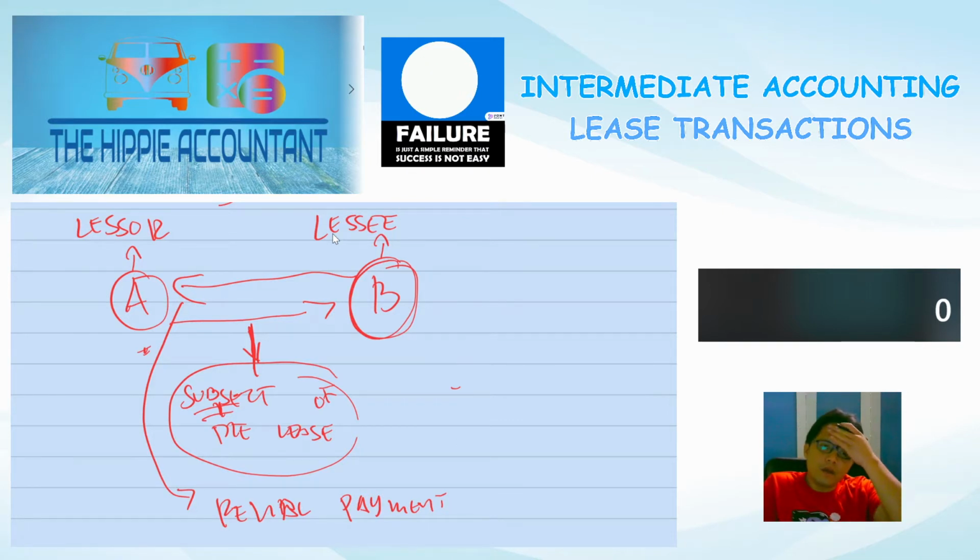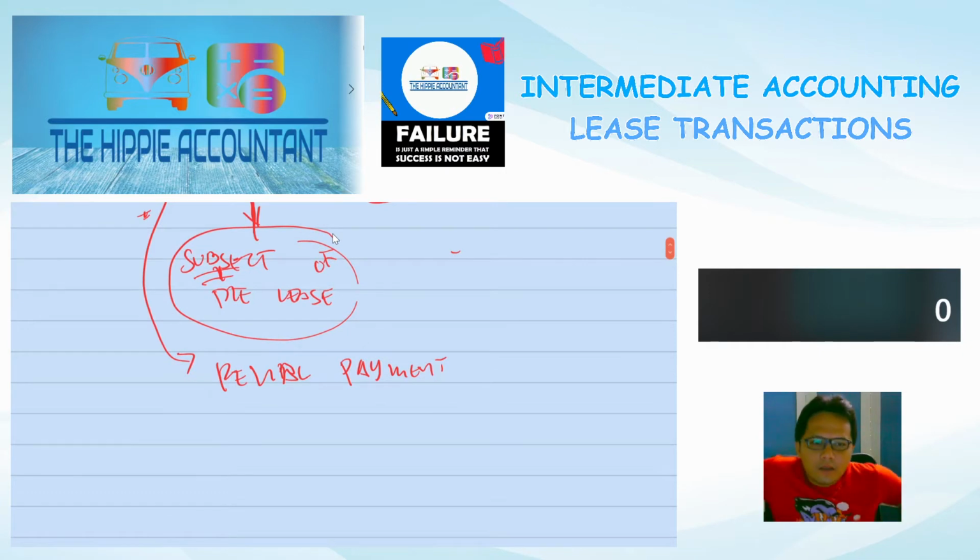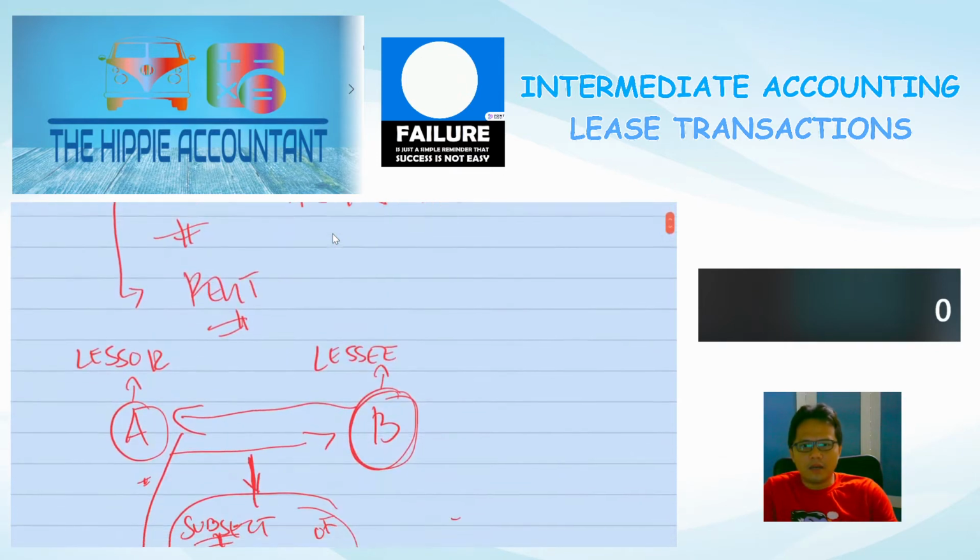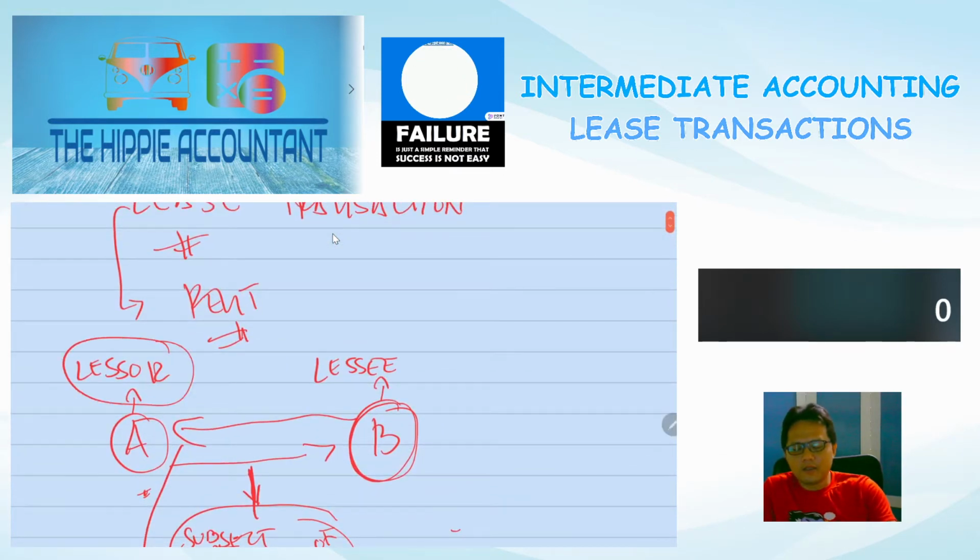Okay? Now, in accounting, pag sinabi po natin na lease or accounting for lease transactions, magkaiba ang treatment natin sa accounting pagdating sa lessor at pagdating sa lessee.